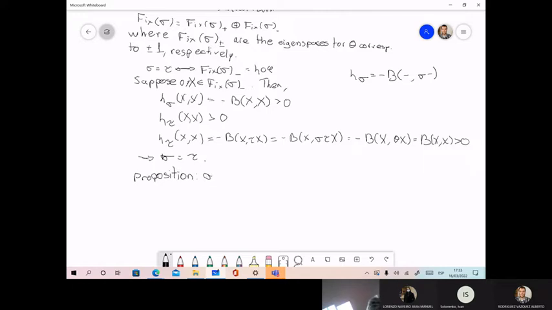If sigma is a real structure on G, there exists an inner automorphism alpha such that alpha sigma alpha minus 1 commutes with tau.